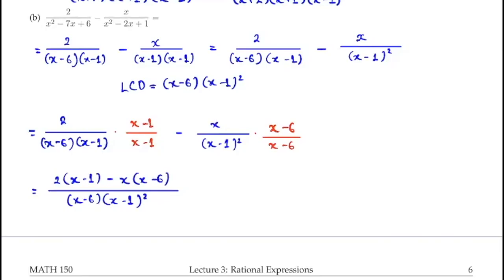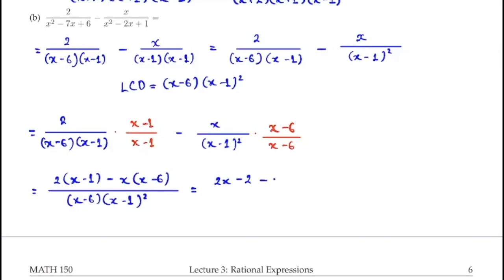So now next step is to simplify the numerators as much as you can. Okay, so here's what we do. You distribute the 2, so you get 2x minus 2. Then for the second term, you have negative x times (x minus 6). So negative x times x, you get negative x squared. Then negative x times negative 6, you get positive 6x.